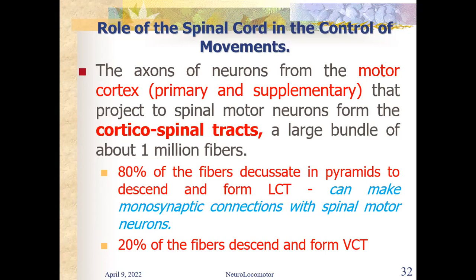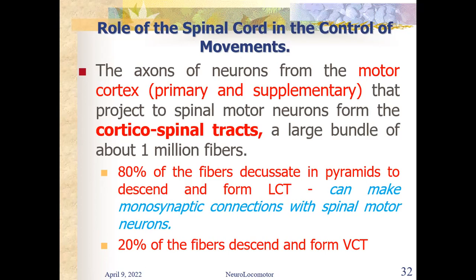They decussate and descend to form the lateral corticospinal tracts that can make monosynaptic connections with the lower motor neurons. The lateral corticospinal tract supplies all levels of the body, all the muscles in the upper and lower limbs.